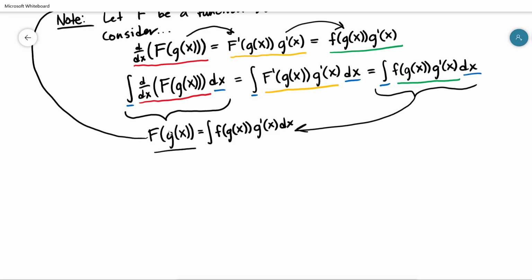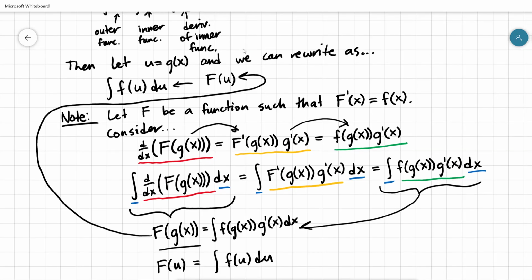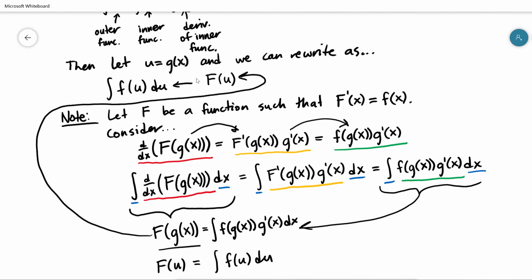At the end of the day, this f of g of x really just looks like f of u. And this piece over here is really just supposed to be the integral of f of u du, based on all the stuff that we just set up here. So this is just the result of chain rule. That's just what chain rule looks like going in that direction.